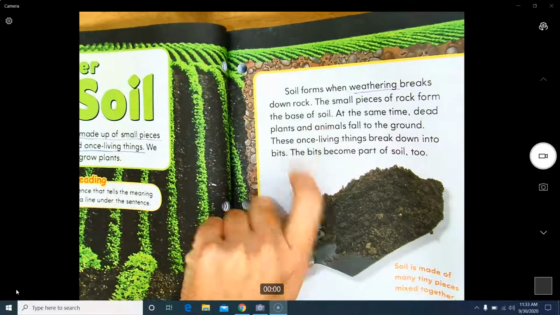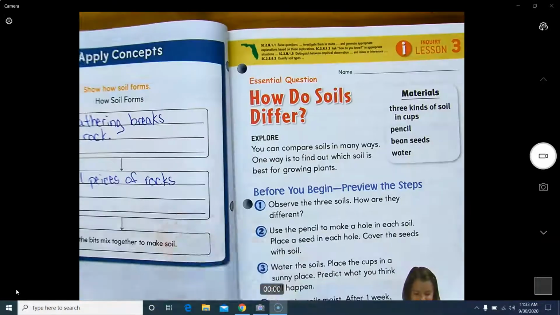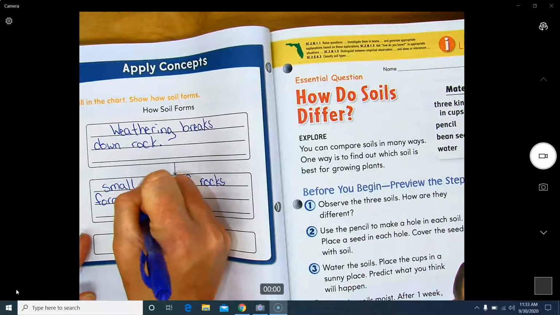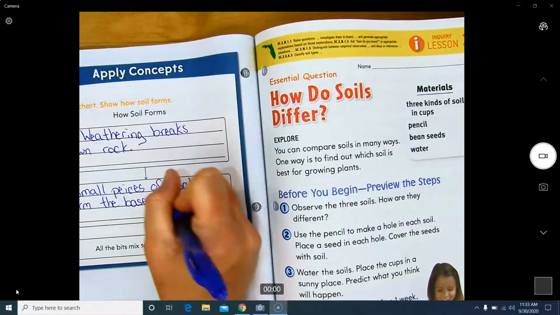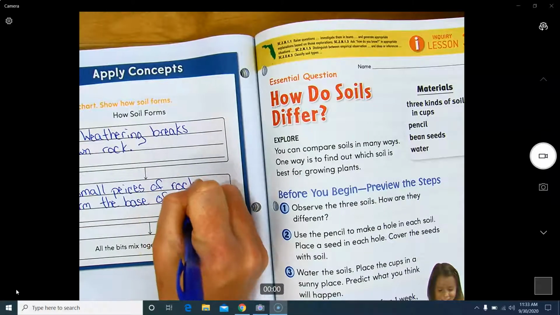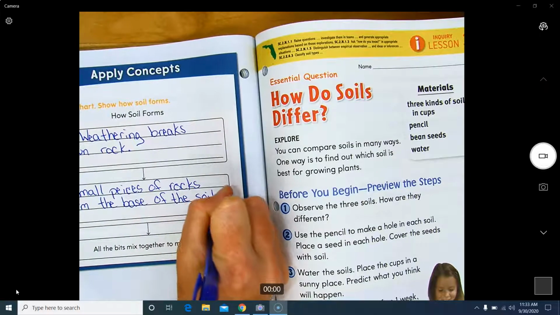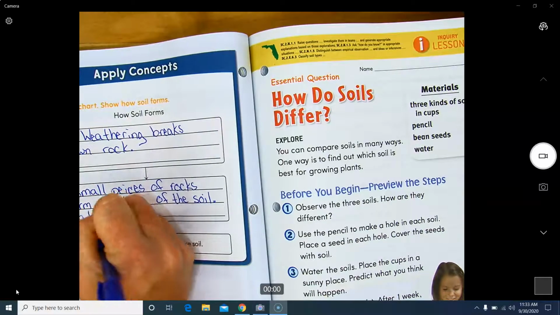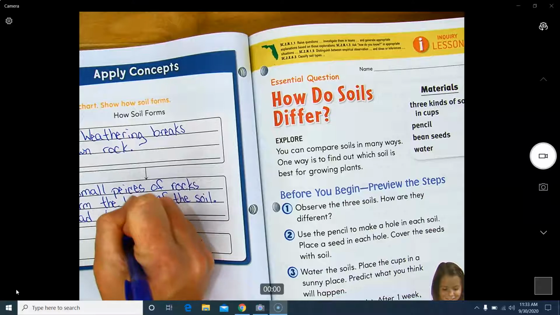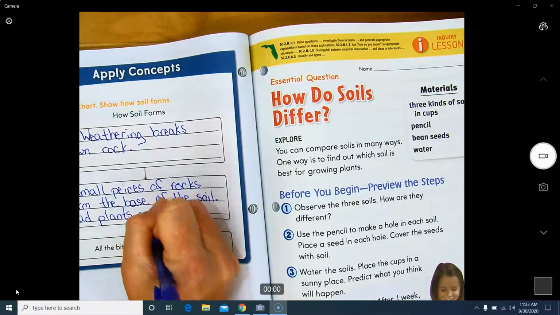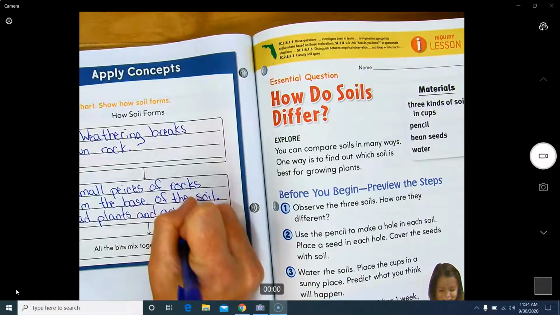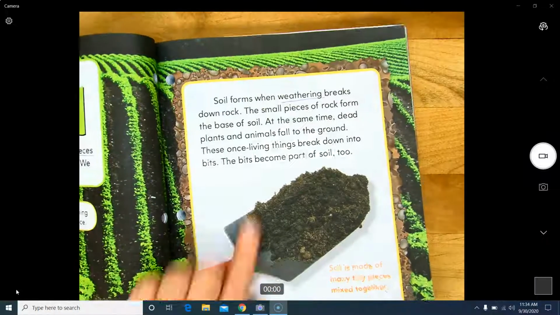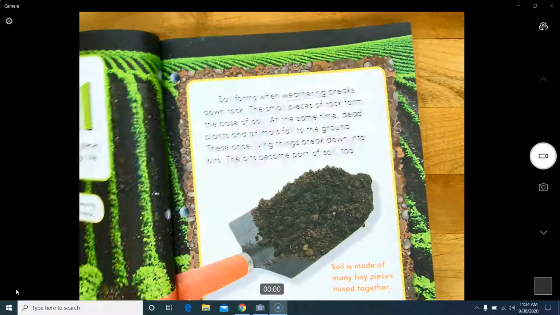So small pieces of rock form the base of the soil. And dead plants and animals break down into bits.